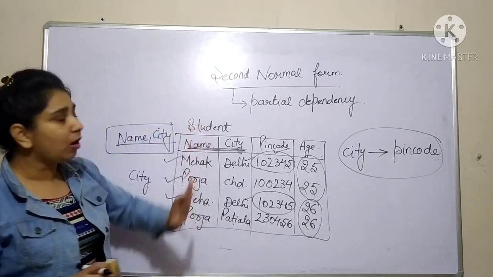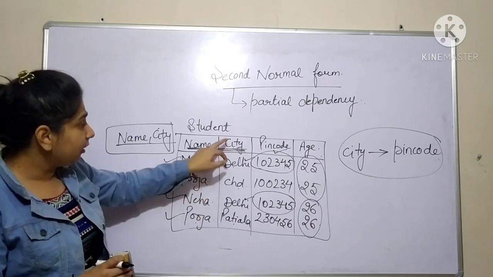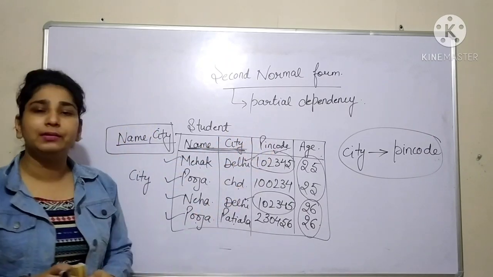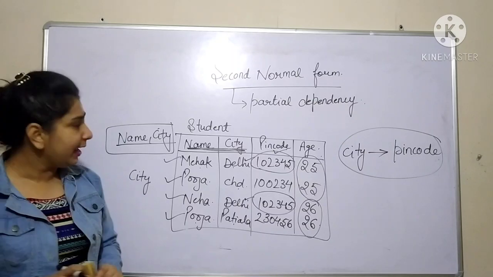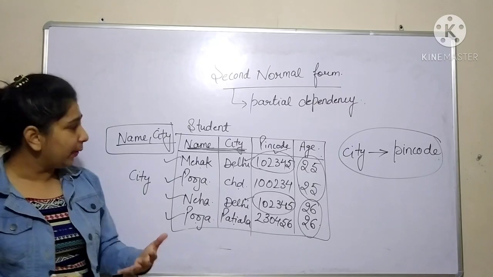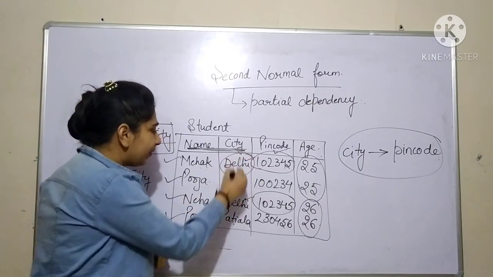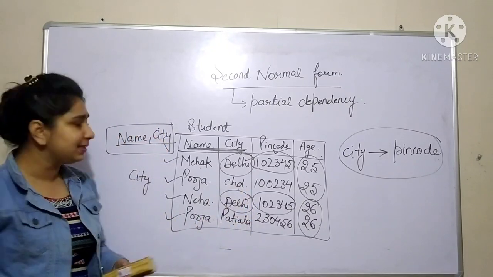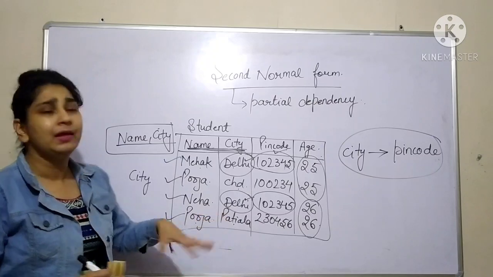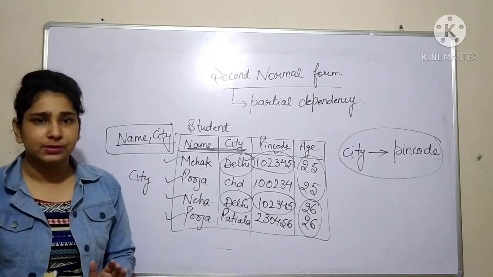Okay, so second normal form removes this kind of redundancy, if part of your candidate key determines a non-key attribute. Okay, so it is a partial dependency. If you look at it, in this we have Delhi present at just two places because this is a small relation and we just have 4 records.